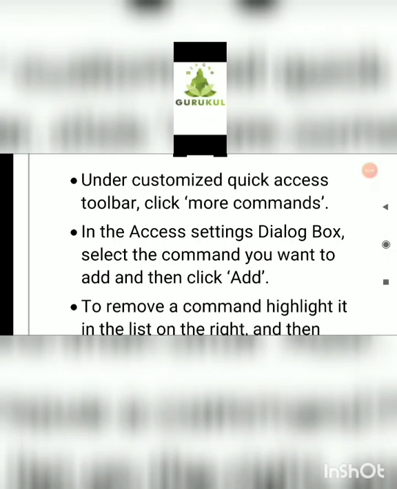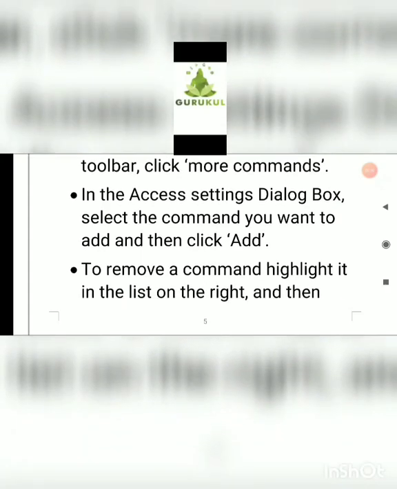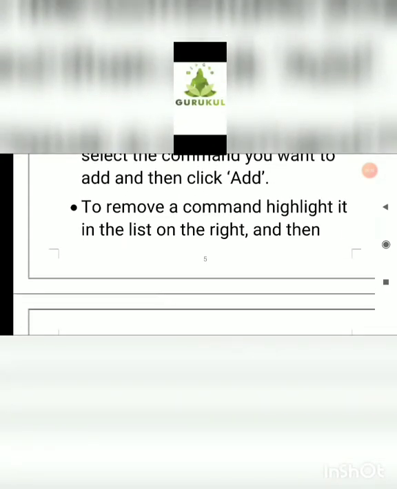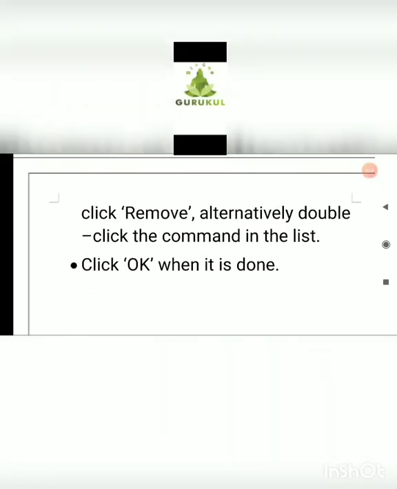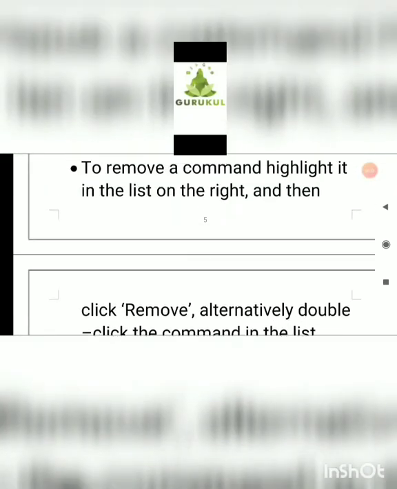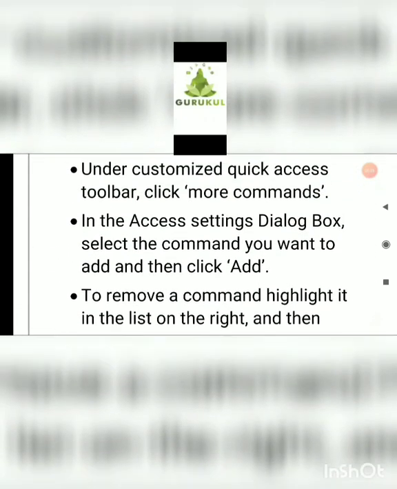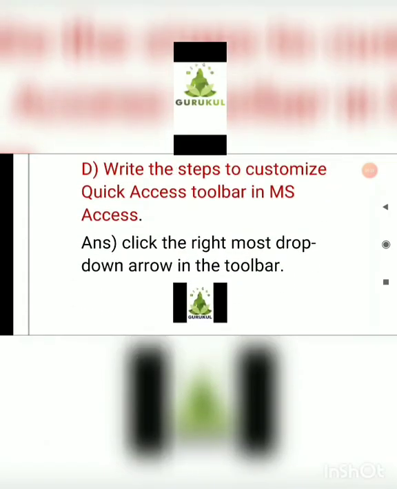In the Access Options dialog box, select the command you want to add and then click Add. To remove a command, highlight it in the list on the right, then click Remove. Alternatively, double click the command in the list, then click OK when it is done. So these are the steps that you have to follow if you want to customize the quick access toolbar.